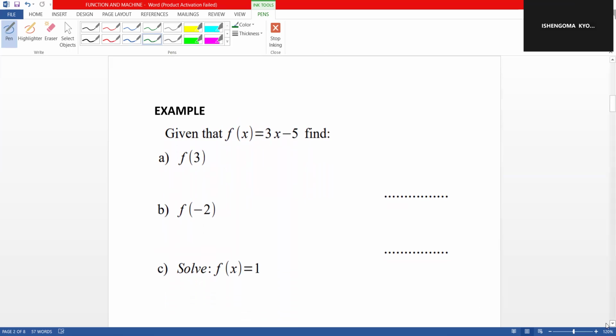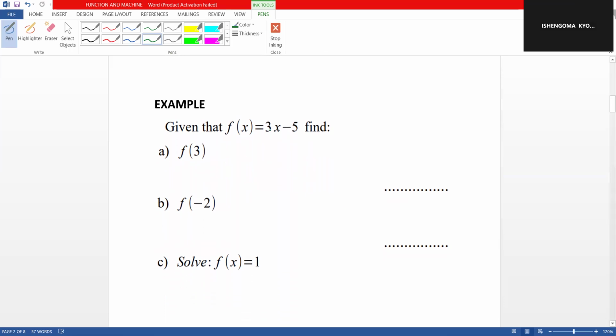So here is our example. We are given our function, which is f(x) is equal to 3x minus 5. As we said before, the value inside the bracket is our input, and we know input is x.